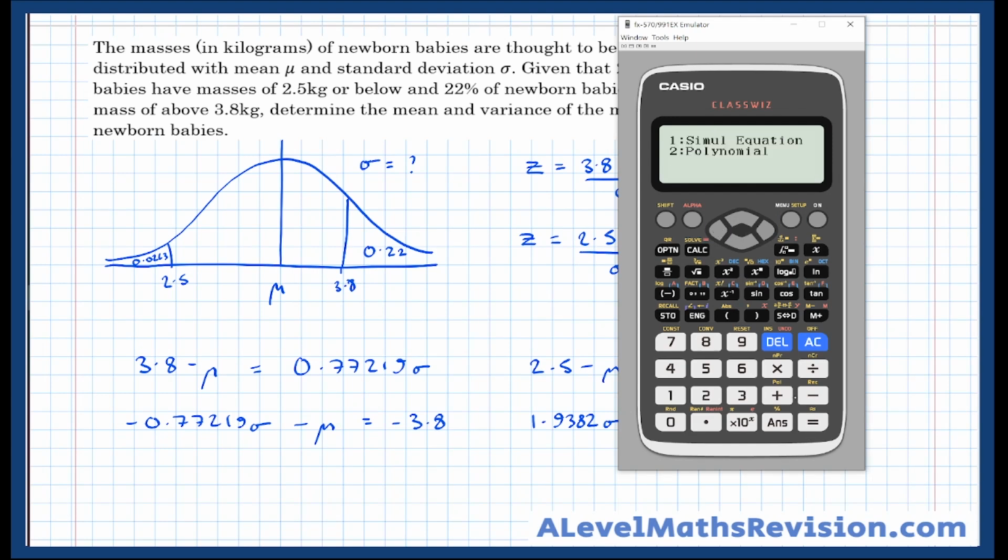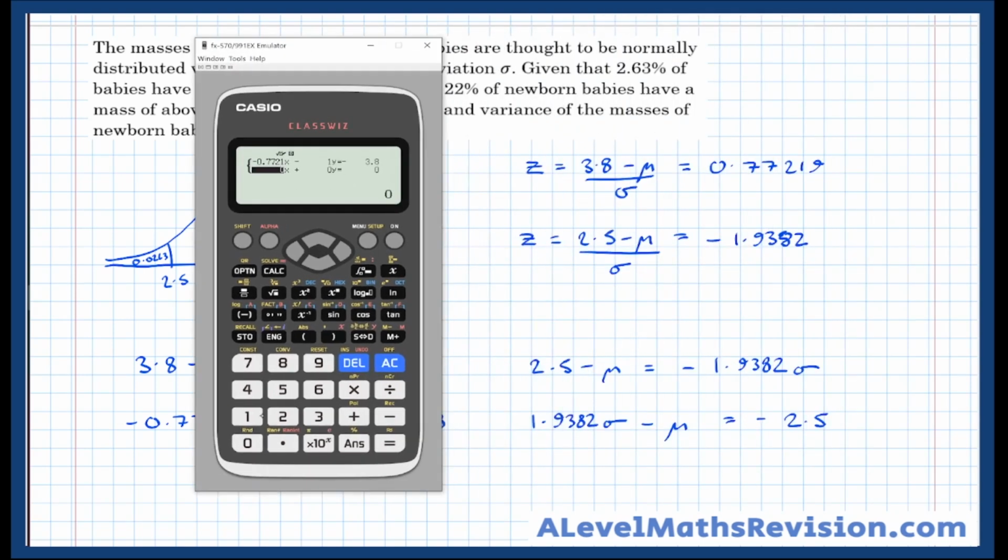So equation solver, it's a simultaneous equation with two unknowns. So we've got minus 0.77219 and minus 1 mu equals minus 3.8. And then we've got 1.9382 sigma minus 1 mu equals minus 2.5. And that'll give me the value of sigma first and mu second.